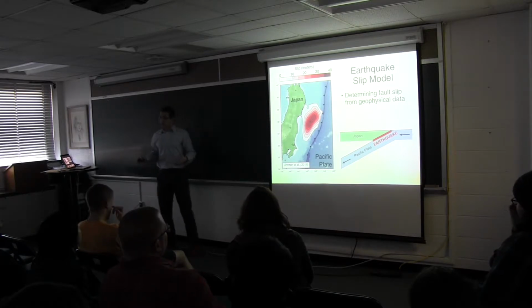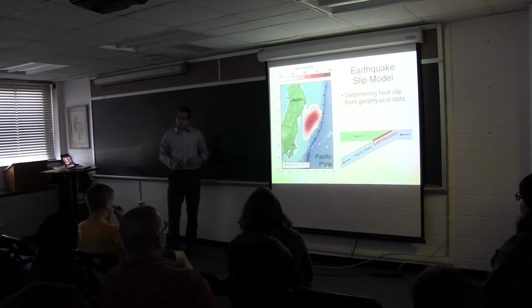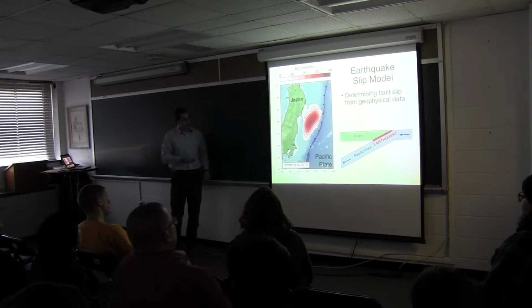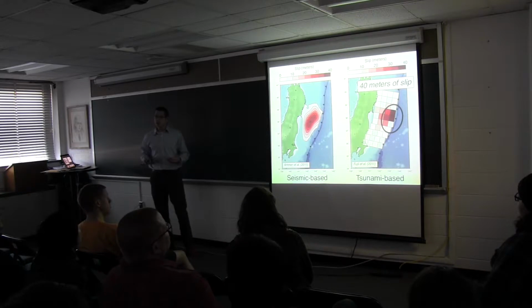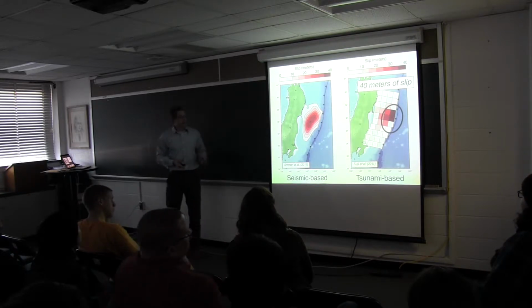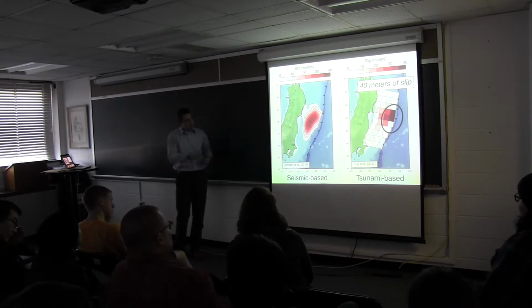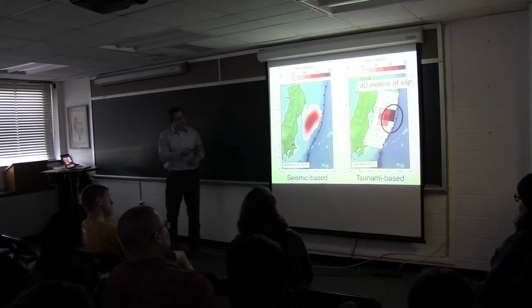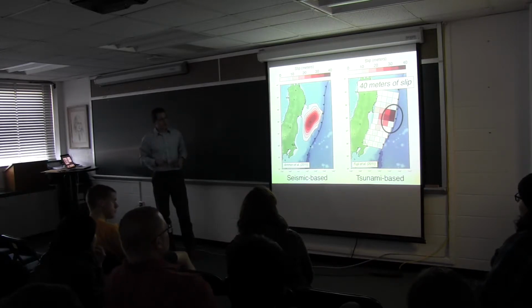And there have been many seismological models of this earthquake, and most of them have a similar pattern to this, with large slip down here and some, but less, slip up at the trench. The same analysis can be done using the tsunami data. If we trace back the amplitude and timing of the wave to the source region, we can determine the slip on the fault from the tsunami itself, which is compatible with 40 meters of slip up at the trench.